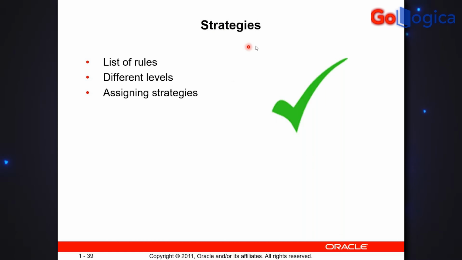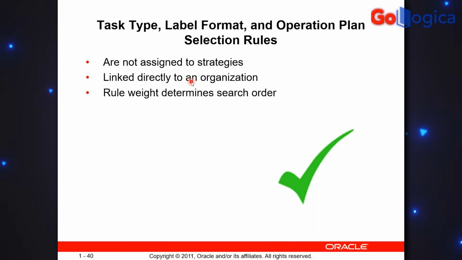As I discussed the strategies here, there is a list of rules at different levels, and then assigning strategies to the workbench. There are some types of rules that are not assigned against any strategy. They are directly linked to an organization. So your task type, label format, and operation plan selection rules. These three things cannot be assigned against any strategy or any workbench.